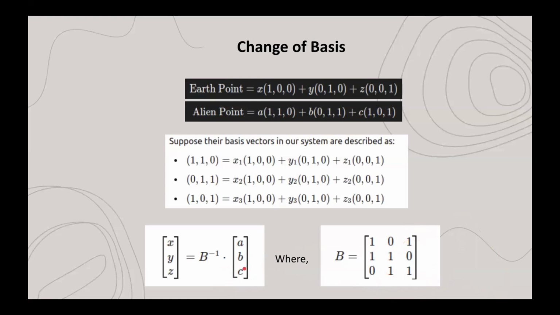And to convert any point from the alien system to ours, we multiply the alien coordinates by the inverse of this matrix B. By converting the coordinates using the basis transformation like this, both humans and aliens can describe the meeting point accurately in their respective systems. This is how basis transformation is applied.